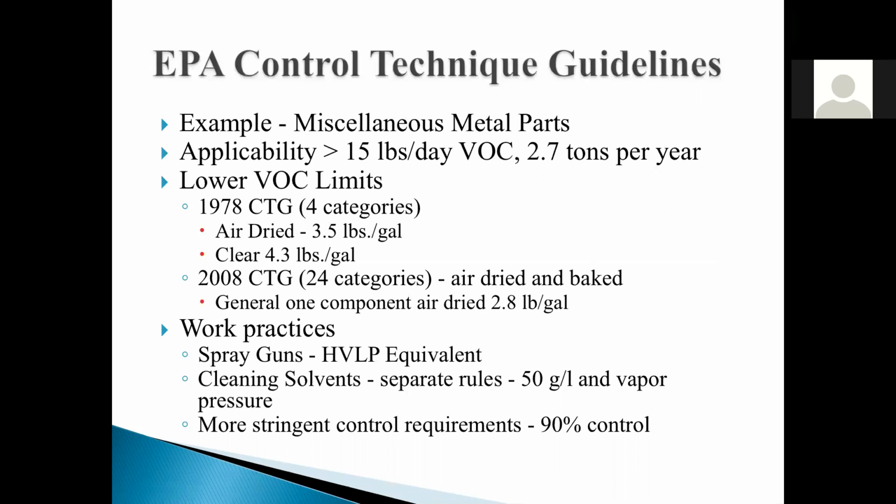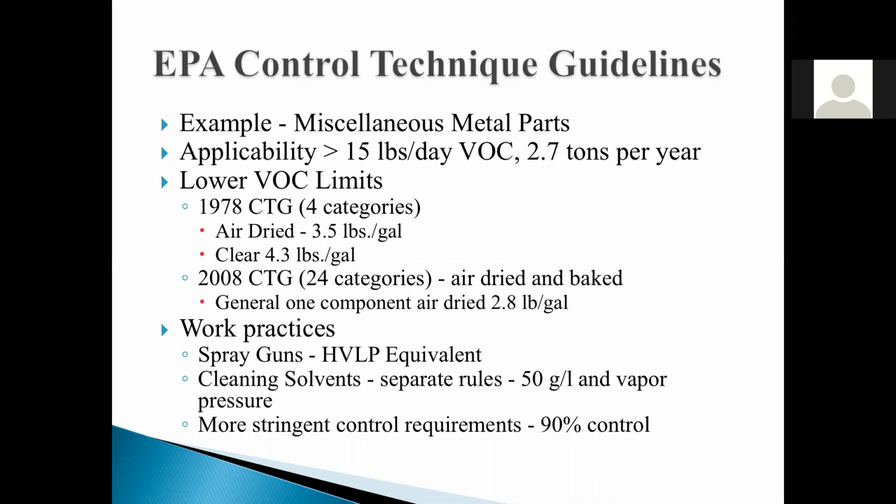In the 2008 CTG, there are 24 categories, and they're broken down into air dried and baked. Air dried would essentially be where the part is coated and left to evaporate. Could be controlled, it may not be controlled. Whereas a baked would be a part that is coated and put into, say, an oven.